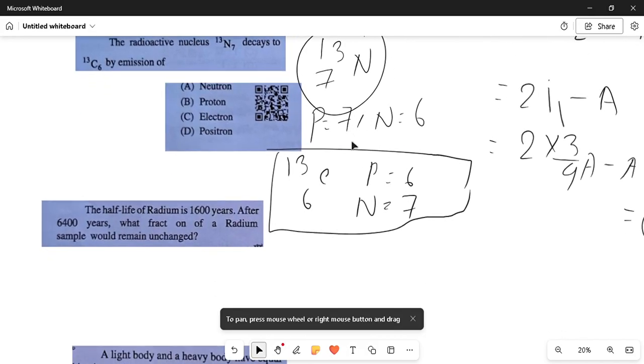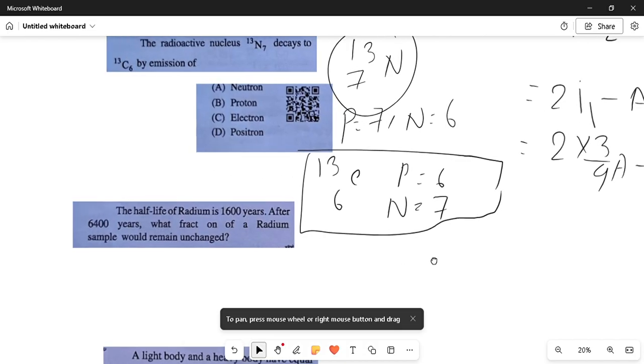So we see that the mass number remains fixed, and here one proton is reduced and one neutron is increased. So this nucleus decays to this nucleus by emission of this.